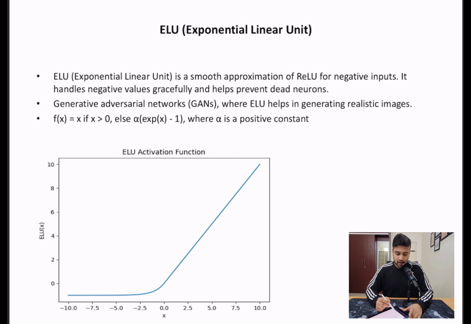So let us see what exponential linear unit is. ELU is a smooth approximation of ReLU for negative inputs. It handles negative values gracefully and helps to prevent dead neurons. Whatever variations of ReLU we saw earlier, we did not see a smooth progression where the activation function is negative.